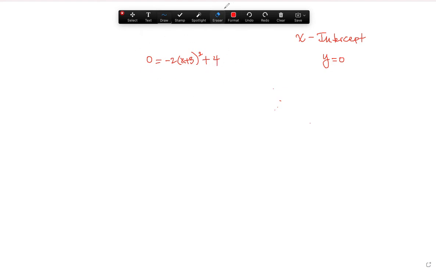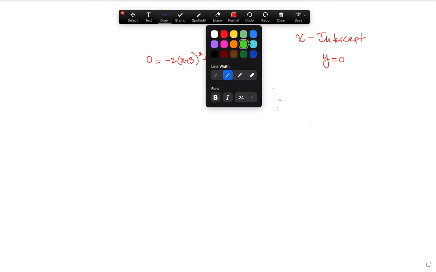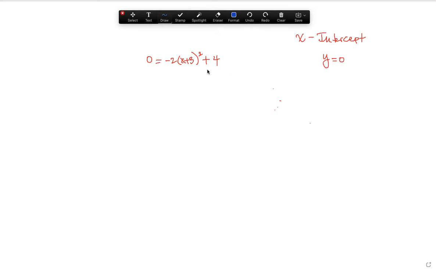If it's like this, move the constant over to the left side first. So go ahead. Oh, okay, yeah.